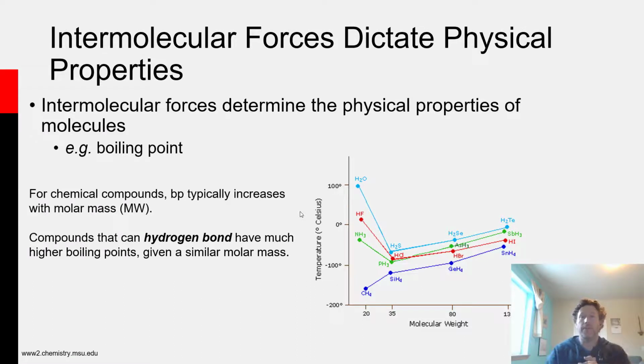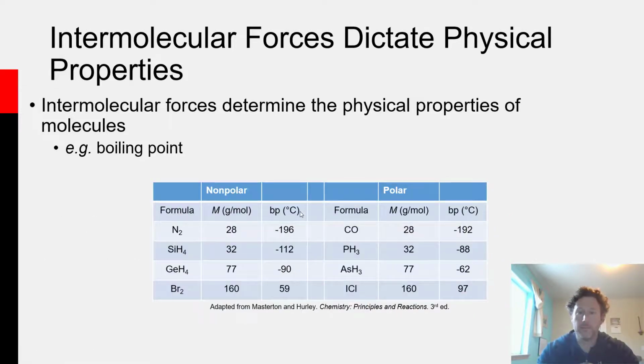The key thing I want you to take away is that stronger intermolecular forces are reflected in the physical properties of pure chemical compounds. Those physical properties would include their melting point, their boiling point, and even their surface tension and viscosity, which are things that we'll get into in the next section of chapter 10. Molar mass plays its part, so the molar mass of molecules absolutely counts.